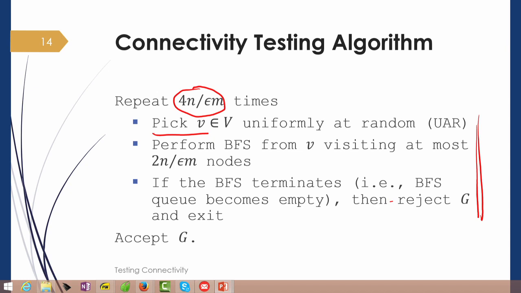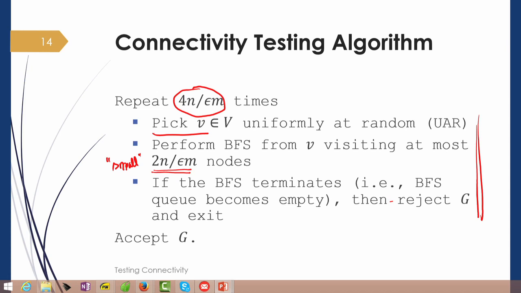From that vertex V, we will perform BFS, visiting at most some number of vertices, and this is our notion of small. We will formalize these things shortly. So we perform a BFS that visits at most these many nodes.